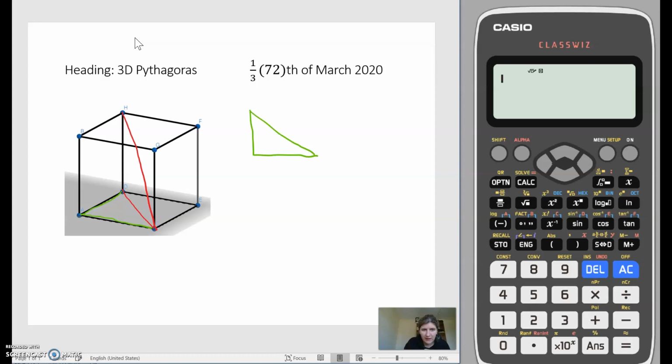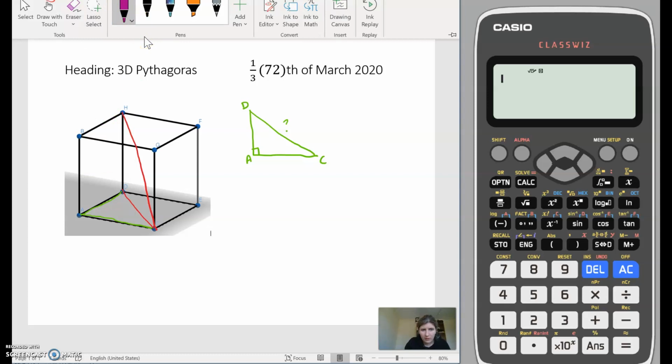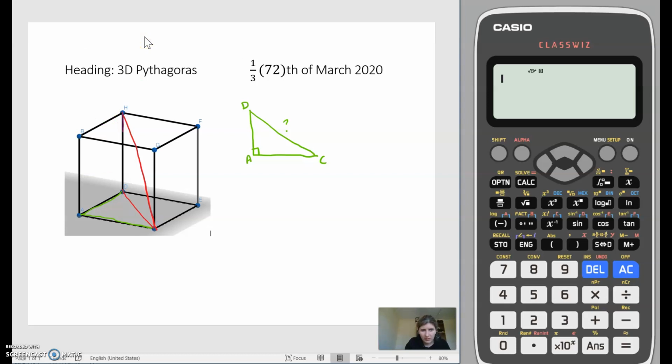You would have A at that corner, that's your right angle, D at the top, and C at the front. We want to find that length there. Then you would use that, in a different colour, we'll go with purple, with this height, that top side there, to find that big long one.